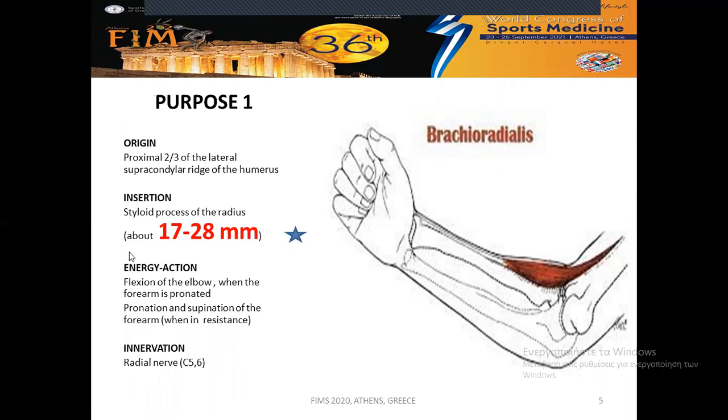It is a flexor of the elbow when the forearm is semi-pronated, and in pronation and supination of the forearm, when against resistance, it is a pronator and supinator of the forearm. It is innervated by the radial nerve, C5, C6, and its origin is the proximal two-thirds of the lateral supracondylar ridge of the humerus.